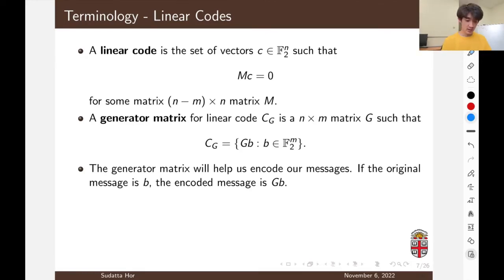We can think of n minus m as the number of constraints, and of course, n is the length of our encoded message. Next we will define a generator matrix for this linear code. Every linear code has a useful generator matrix where, for any original message B, the encoded message will just be GB.